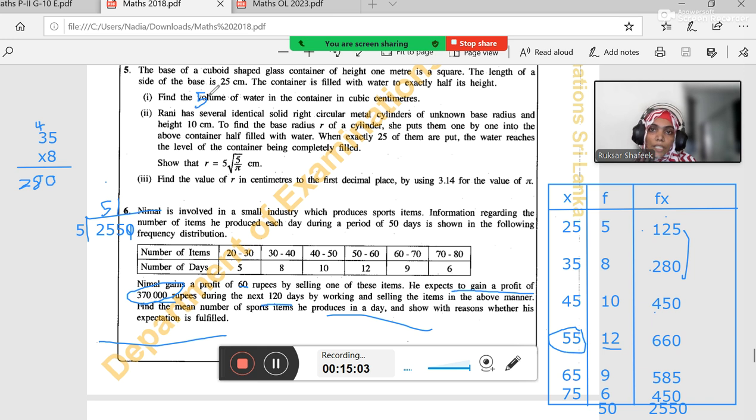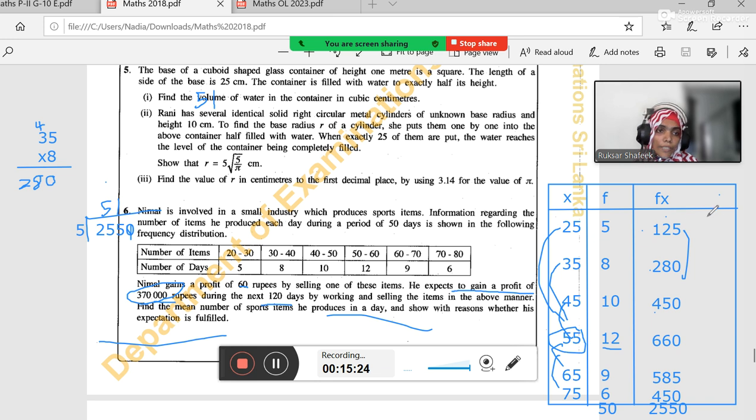Now I need to get the deviation column. To get the deviation column, we need to subtract 55 from 25, 35, 45, 65 and 75. You get that deviation column, and then you multiply the deviation by the frequencies. So you get the FD column.